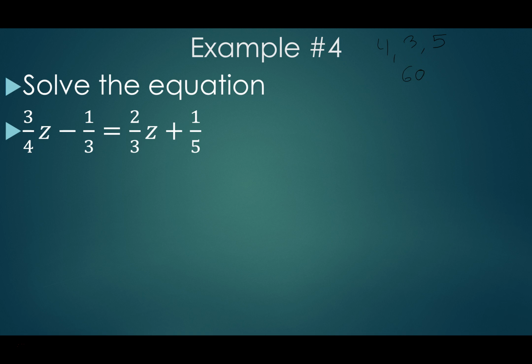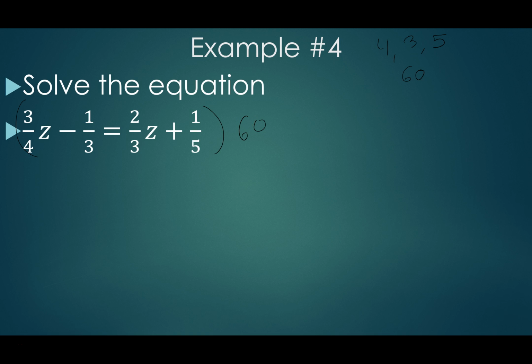So if you list our multiples of 5, we have 5, 10, 15, 20, 25, 30, 35, 40, 45, 50, 55, 60. It wasn't until we got to 60 that we actually had a multiple of both 4 and 3 in the same problem. So if we multiply everything by 60, we'll clear out the fractions.